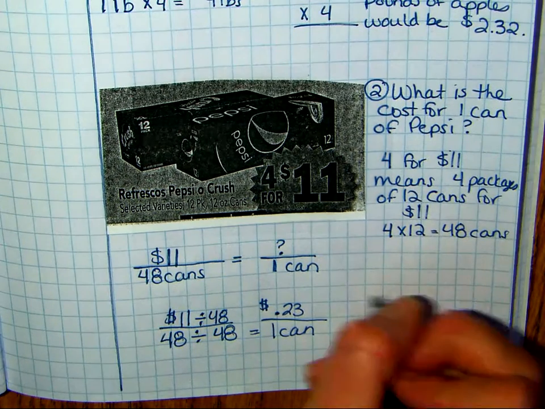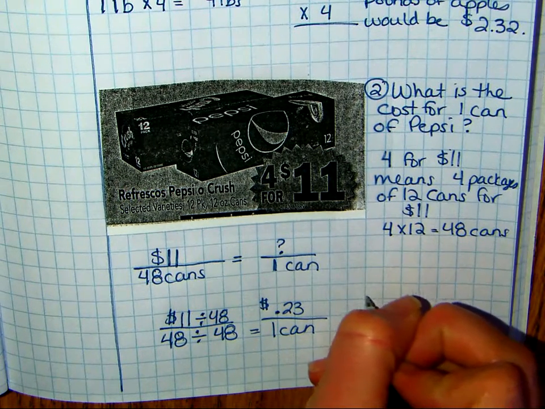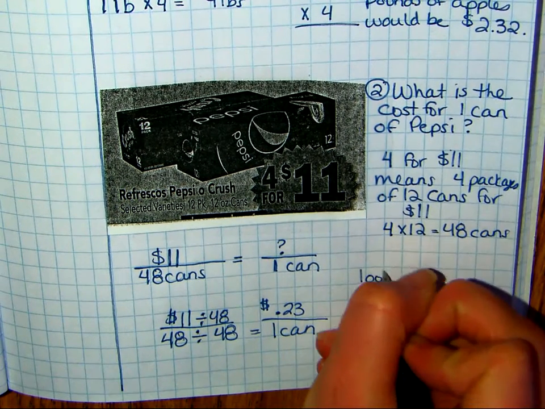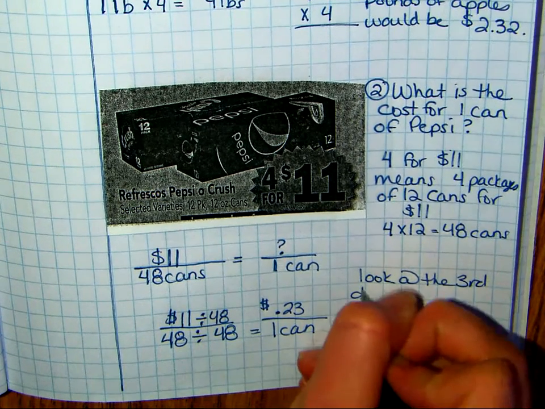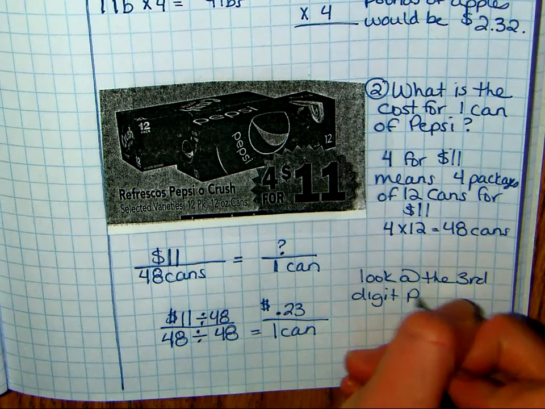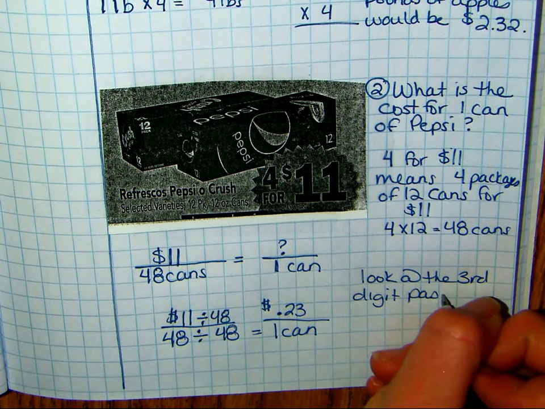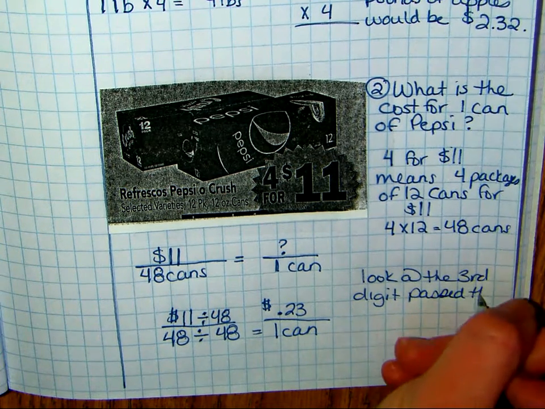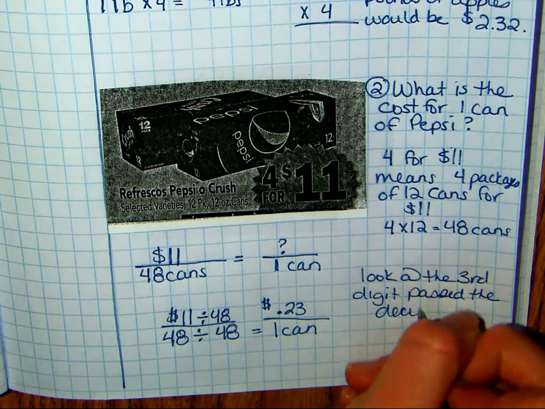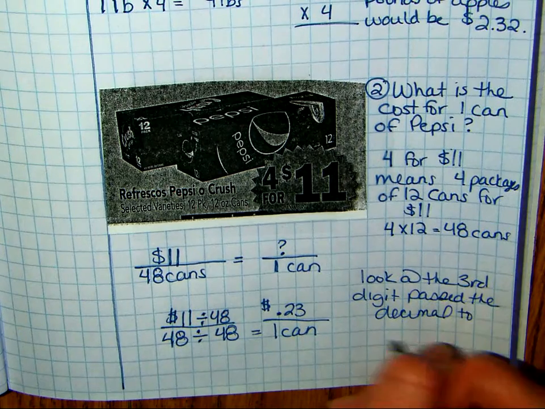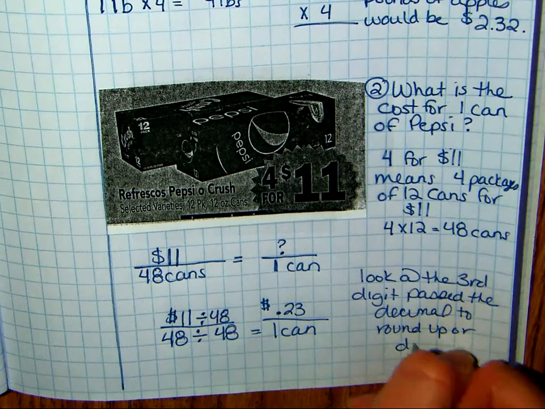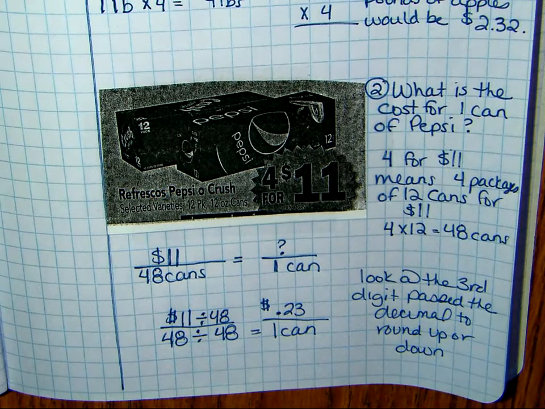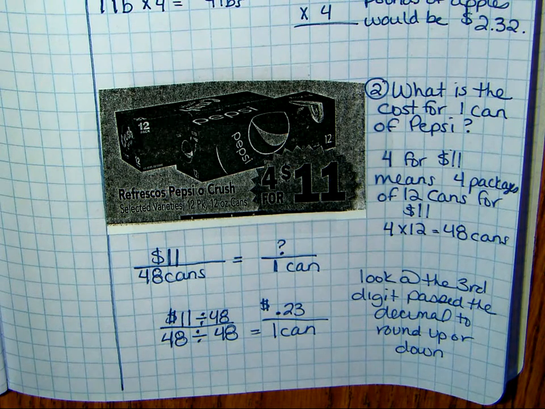Now remember, if you look at the third digit past the decimal point, to round up or down. And in this case, we had a 9, so we rounded it up to the 23 cents.